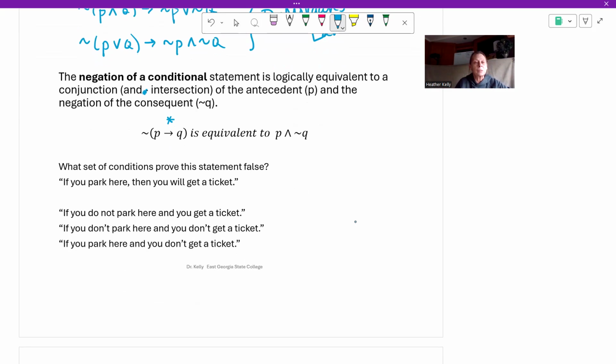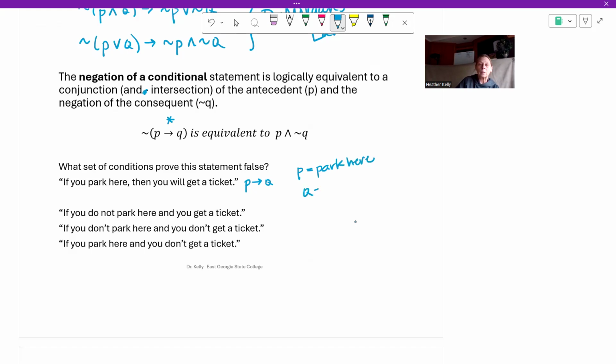So the conditional statement is, if you park here, then you will get a ticket. Just no ifs, ands, or buts about it. That's true. If you park here, you will get a ticket. That is P implies Q, right? P is park here.